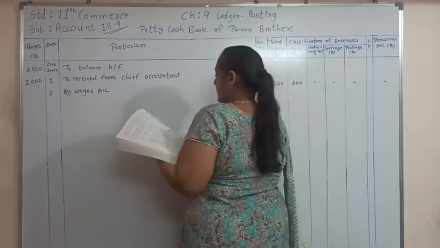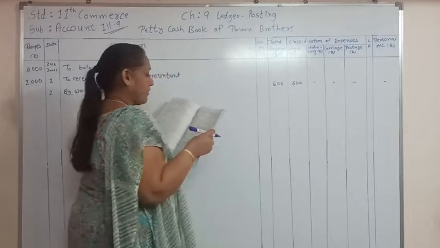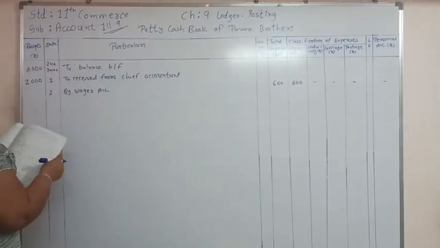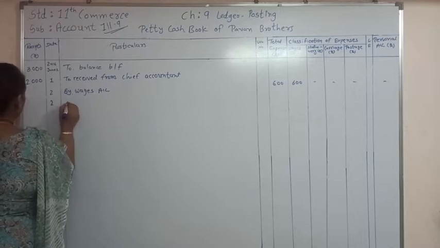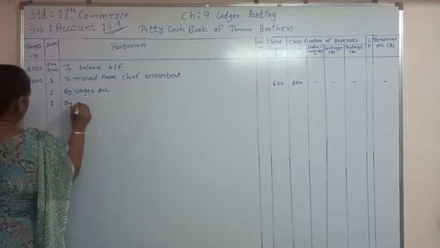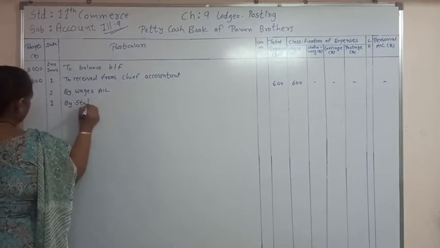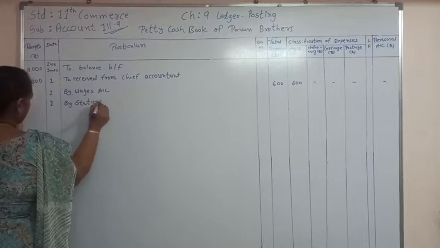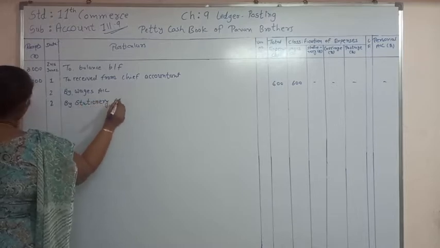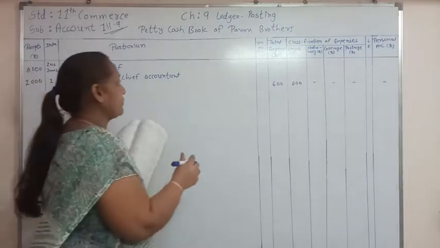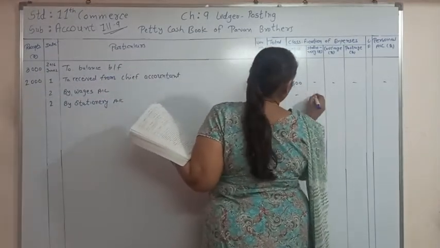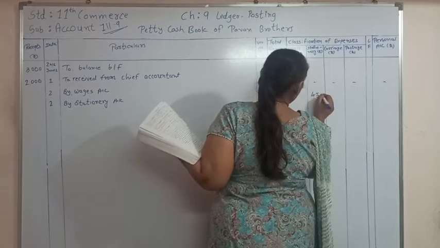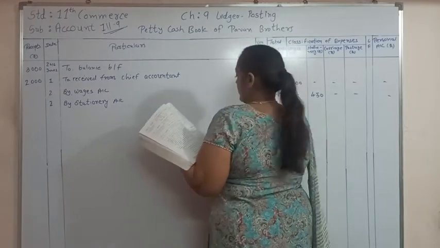For the other columns there will be no amount. Now for the same date, that is second, by stationery account, amount is 450. So here 450, and in the column of stationery, it will be 450.